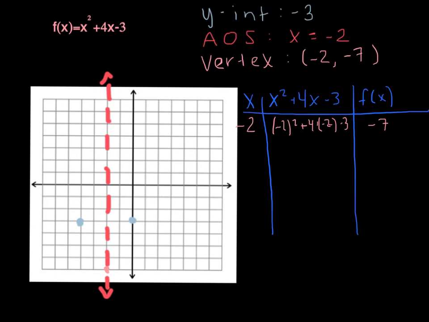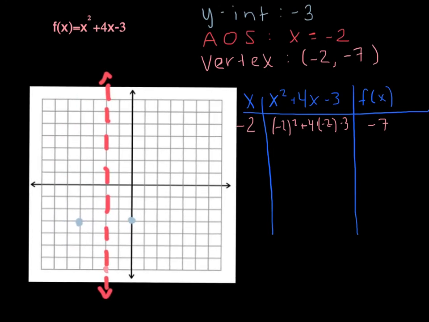So I want to connect these 3 points with a curved line. I don't want it to be straight. I want it to be curved. And then the other side, not super symmetric, clearly, but it'll do.